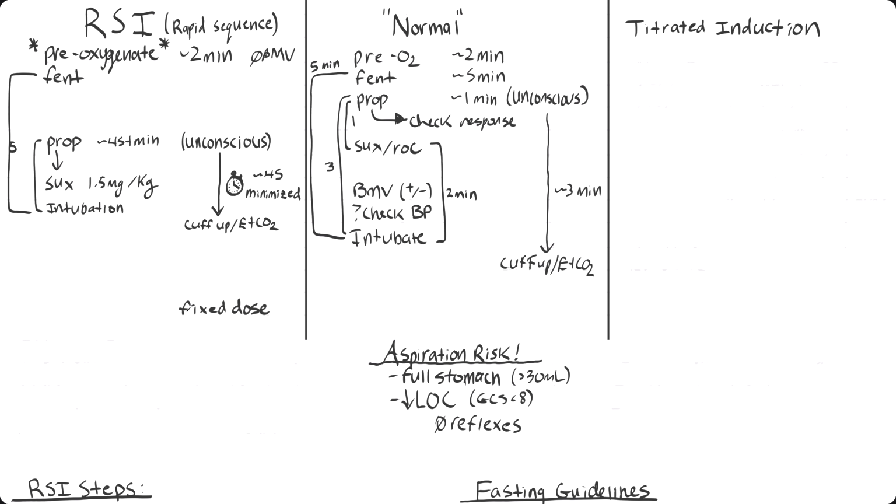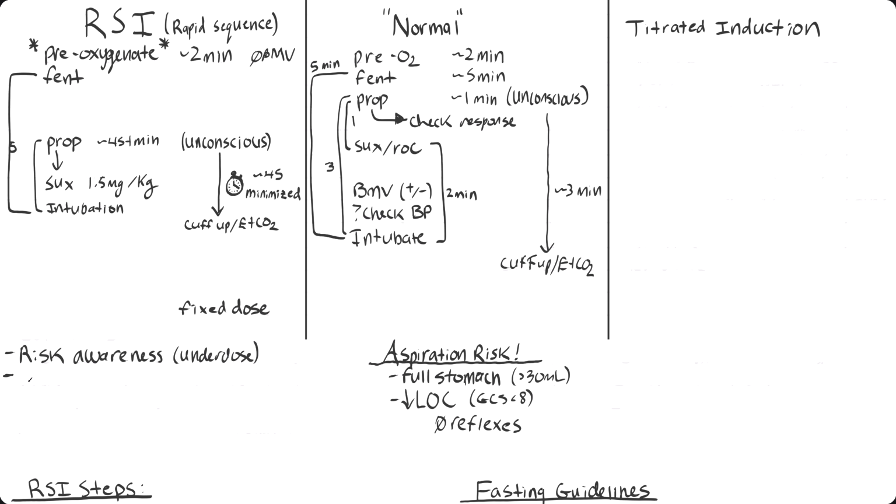So you really are just making a highly educated guess of what will be the appropriate dose, and you may inadvertently over or underdose them with a fixed dose of propofol. So if you underdose someone, that poses the risk of awareness. So that's for underdosing.